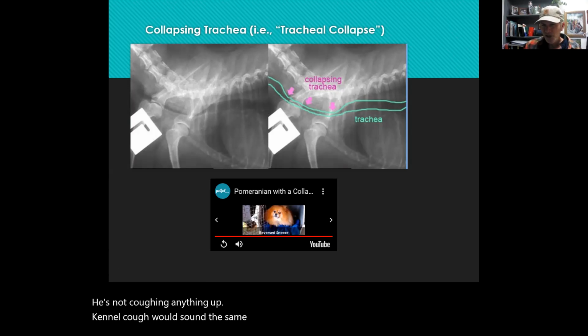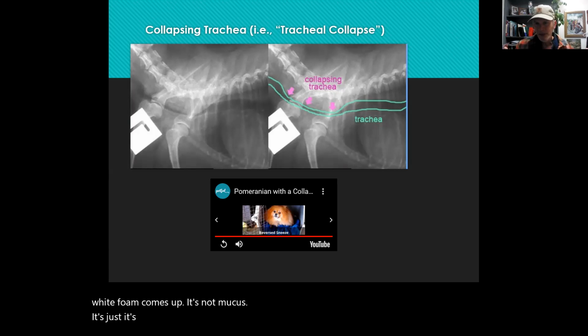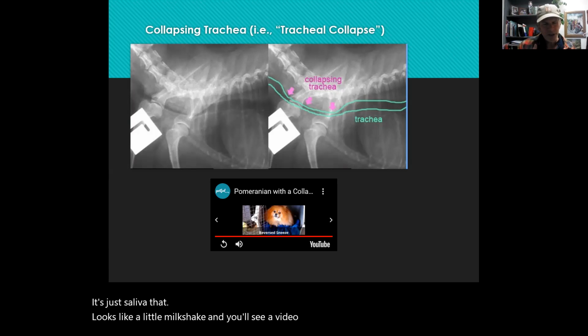Some of these patients, they'll cough so much that some white foam comes up. It's not mucus. It's just saliva that looks like a little milkshake. And you'll see a video later where an owner says his dog has kennel cough, and the dog coughs up some foam and he calls it mucus, but he shouldn't call it mucus.